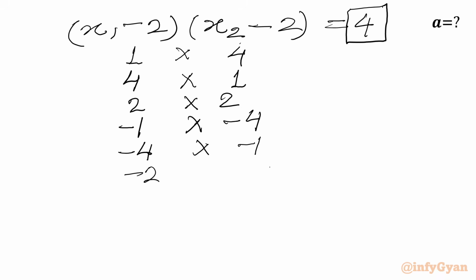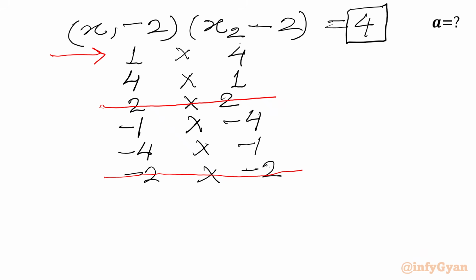And minus 2 times minus 2 will give us product 4. Now x1 and x2 are distinct integers. Equation is symmetrical in x1 and x2. So we are going to reject 2 and 2, minus 2 and minus 2. So we have to focus on these factors only.